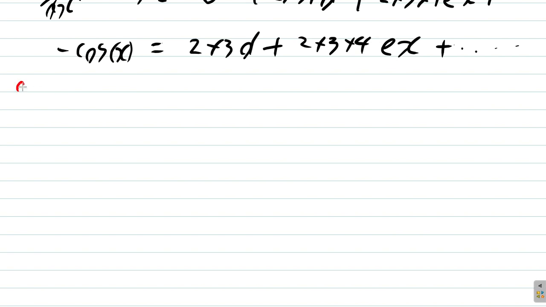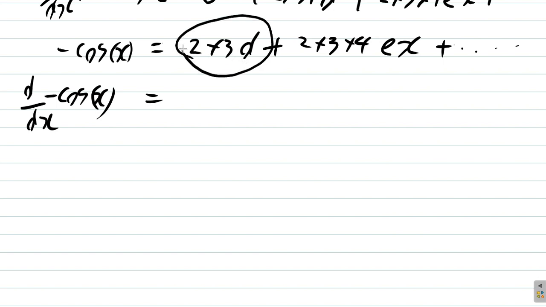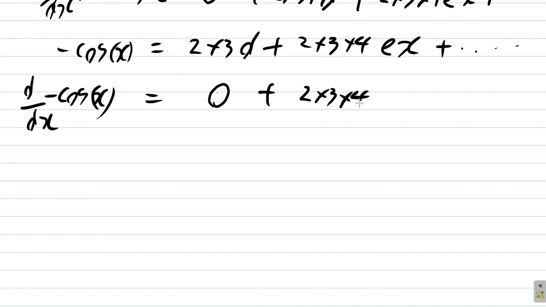You differentiate and find the derivative of negative cos x with respect to x is equal to... When you differentiate that, all of this is a constant, so it's 0 plus 2 times 3 times 4 e.